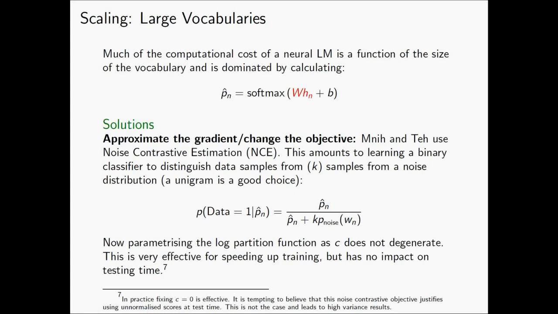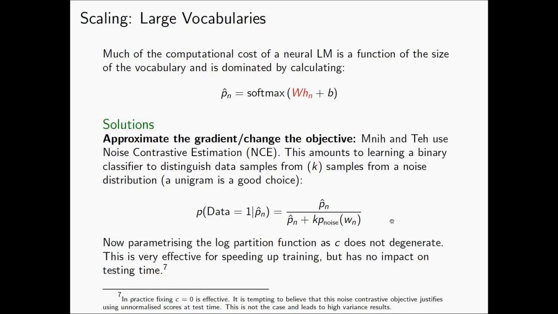And then for each one of those, both the true word and our noise samples, we make a binary prediction. We just predict, is this a noise sample or is it the true word? So now, rather than a big softmax over the whole vocabulary, we have a series of binary decisions. And binary decisions are very fast to calculate because you only have to consider two options. So this is what this little equation here is saying.